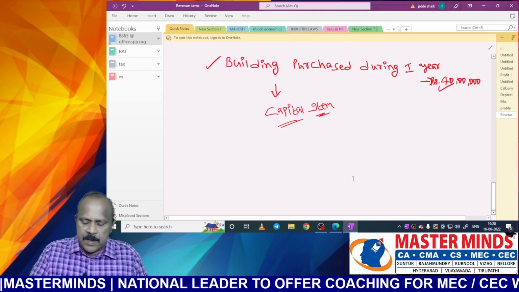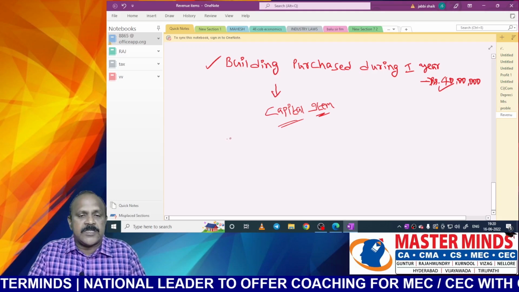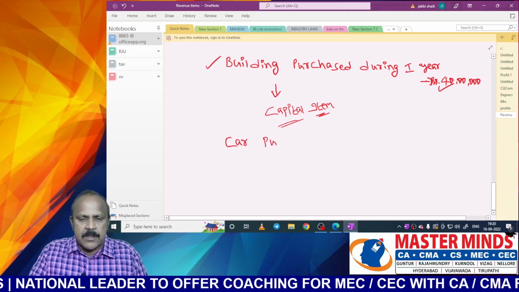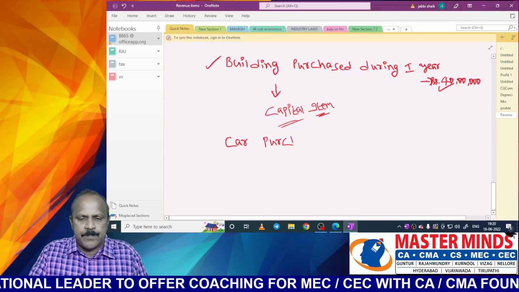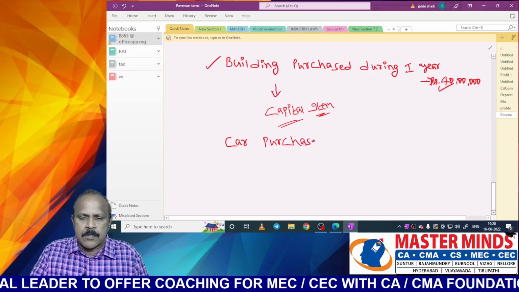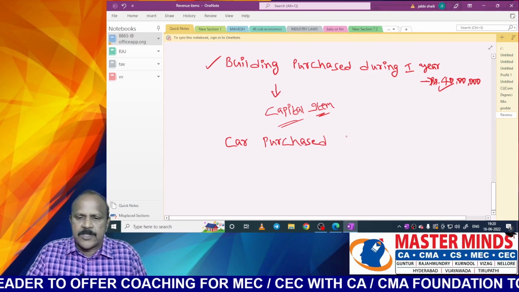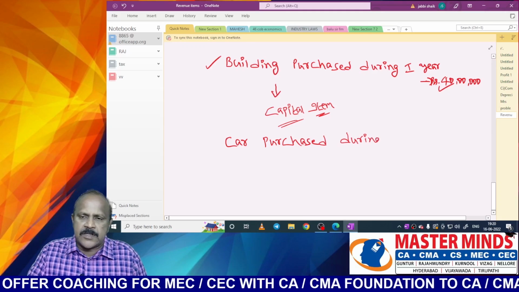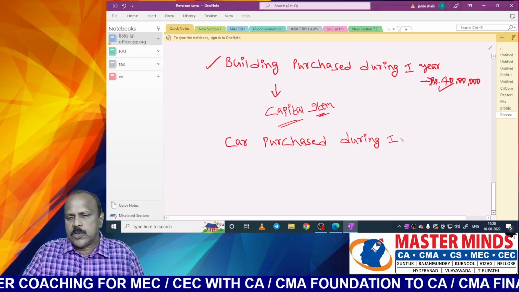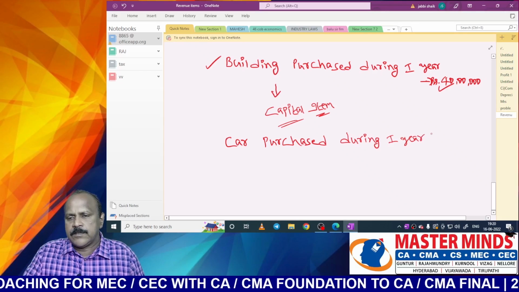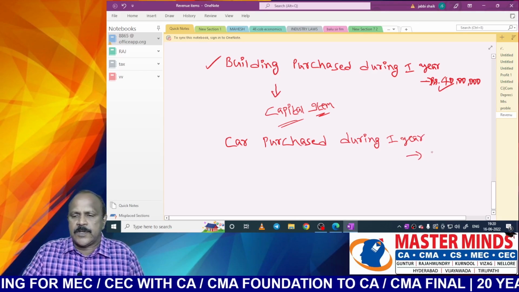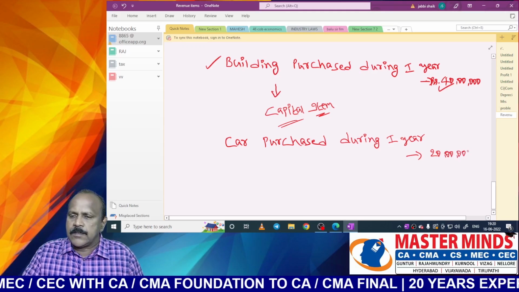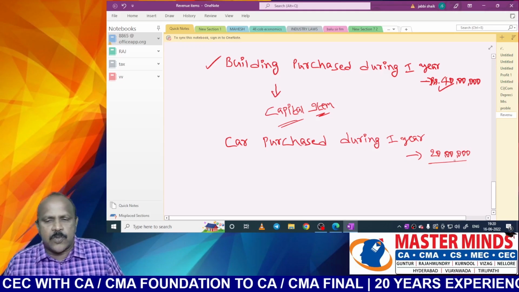Students, one more example. We have purchased a car in our organization during first year with an amount of 20 lakhs.